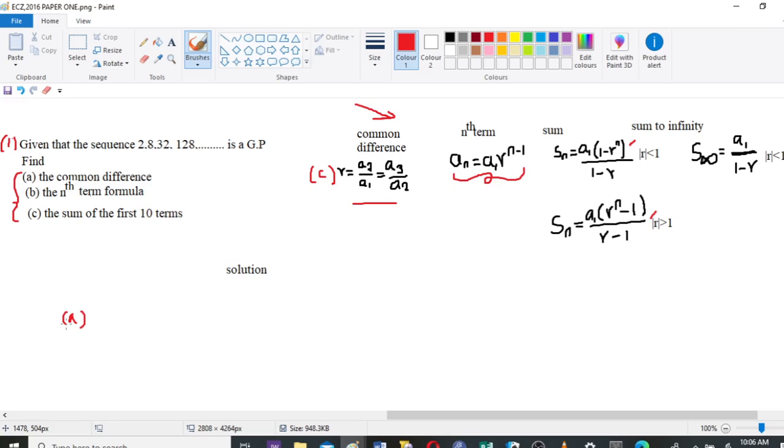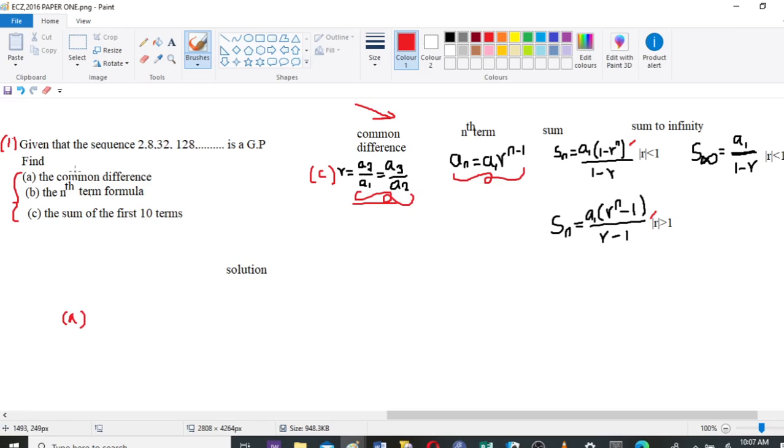Now in this case, under geometric progression, we divide, because to find the common ratio we divide the succeeding term by the preceding term. Look at the formula here: A2 over A1, that is the second term divided by the first term, or the third term divided by the second term.